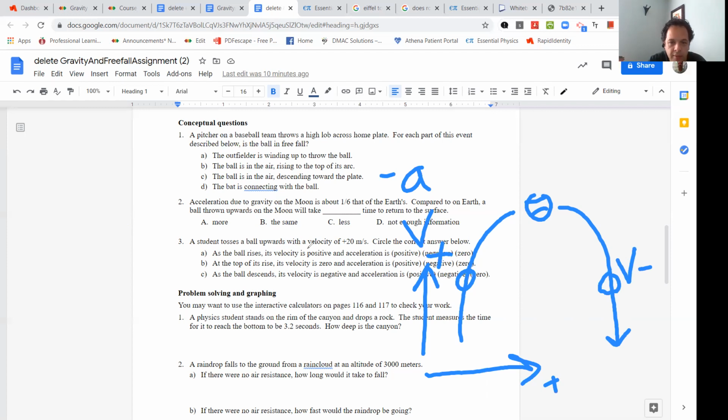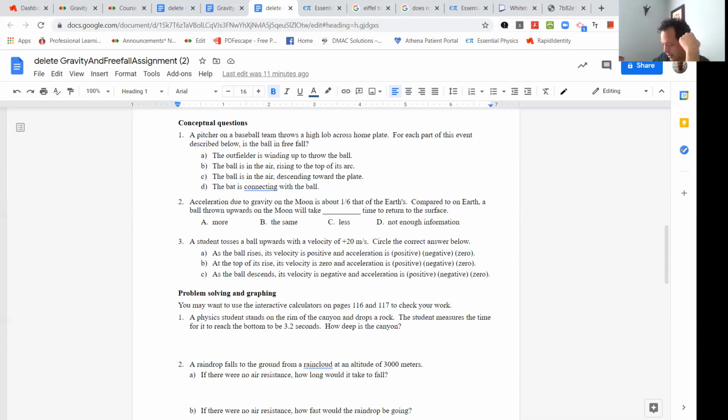So as the ball rises, its velocity is positive and acceleration is negative. So that was circling there. So you might want to draw that on there and try to figure it out.